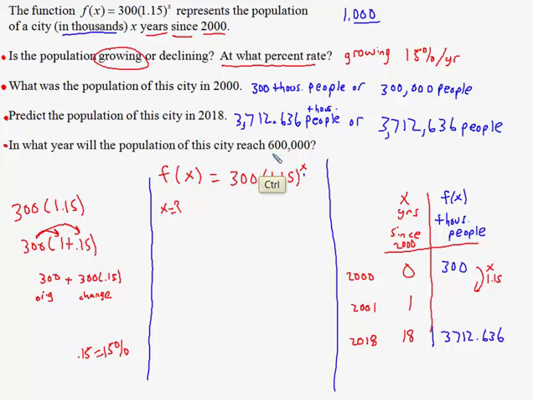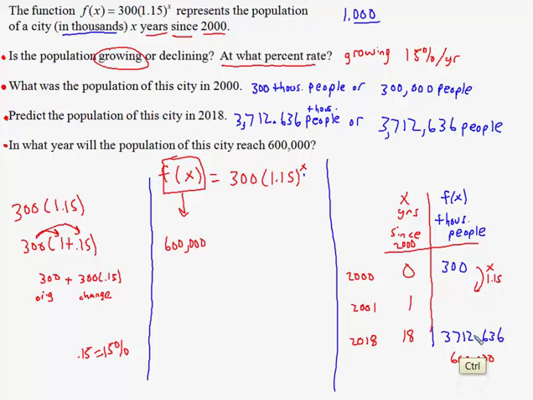This is where you have to be careful, thinking that since the output variable is the population, that you would want to take this and replace it with 600,000. But what you have to remember is if you put the number 600,000 in as an output, it's already in thousands of people. So you wouldn't be finding when the population is 600,000, you'd be finding when it's 600,000 thousand, which is 600 million.